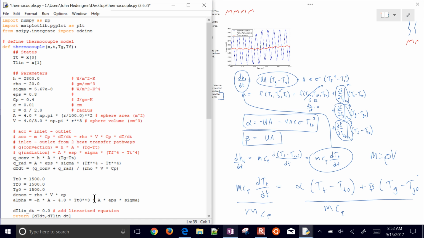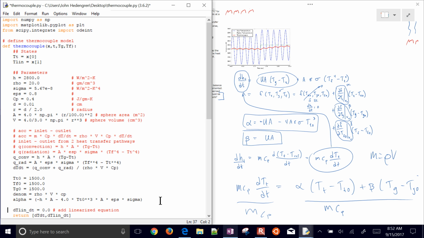I need to do another parenthesis just for alpha, and then divide by this denominator. Okay, denominator. Okay, let's do the beta now. The beta is going to be equal to the h times A divided by denominator.